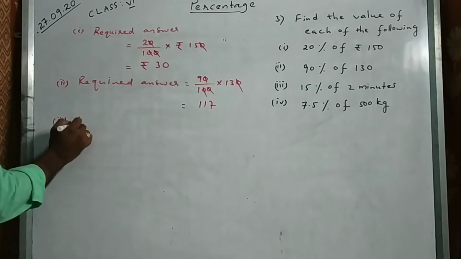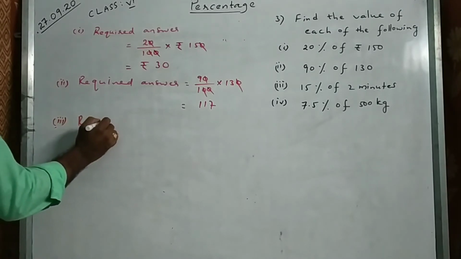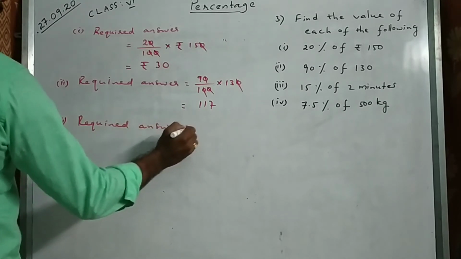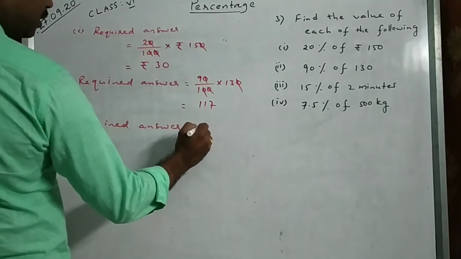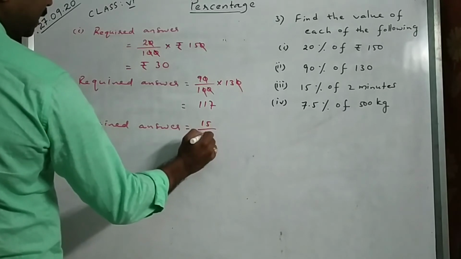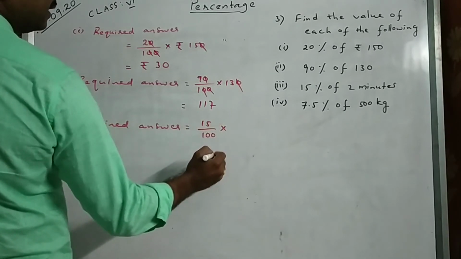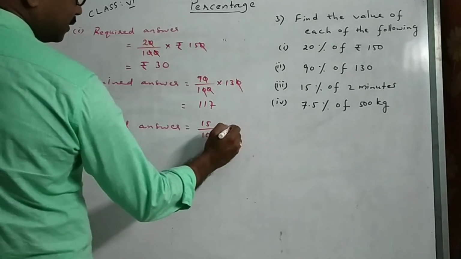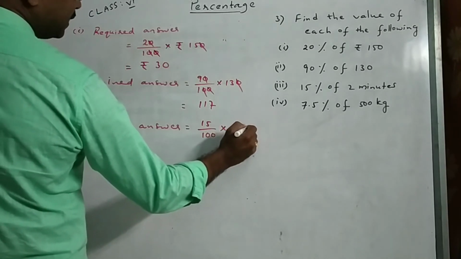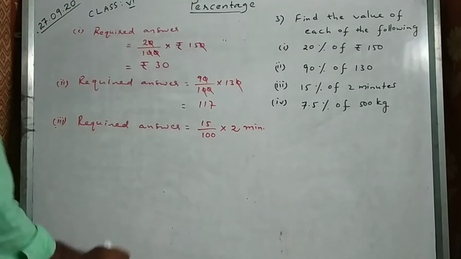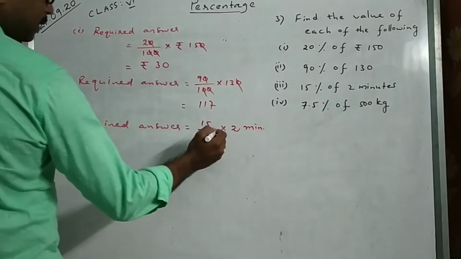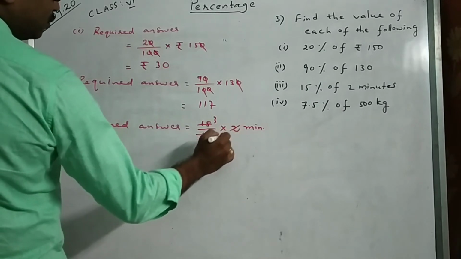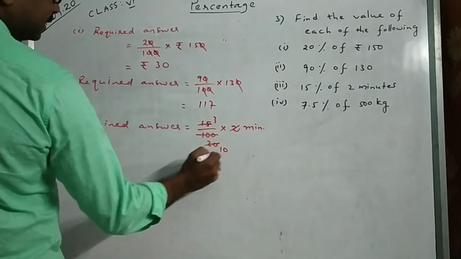Third one. 15% of 2 minutes. 15% means by 100 into 2 minutes. You can change it into seconds also, no problem. 5 threes, 5 20s, 2 ones, 2 tens.